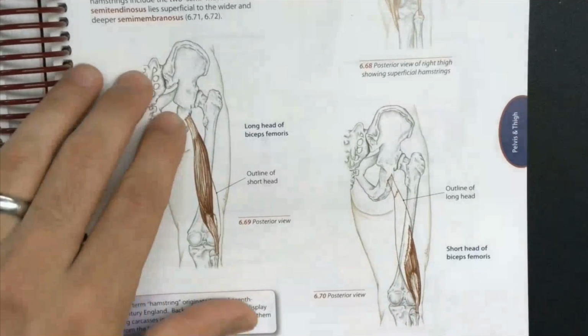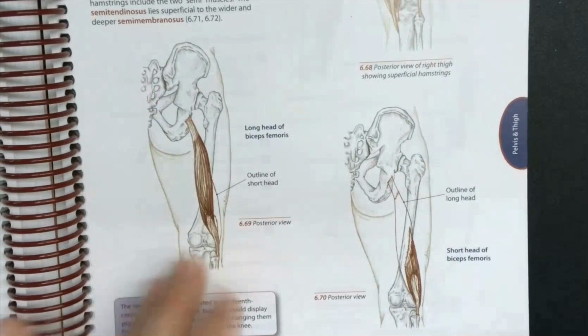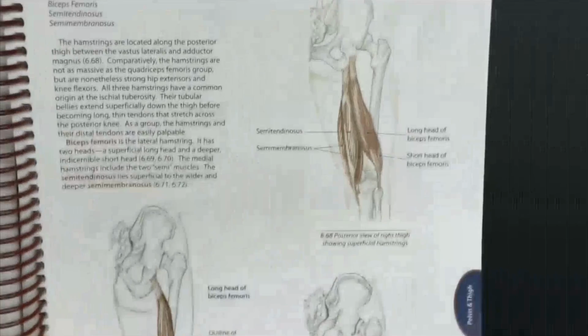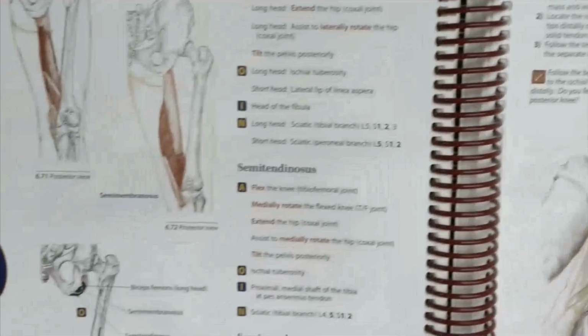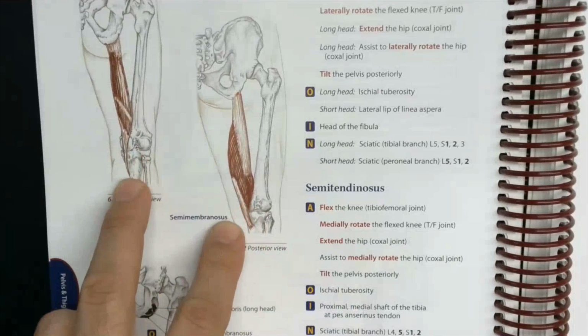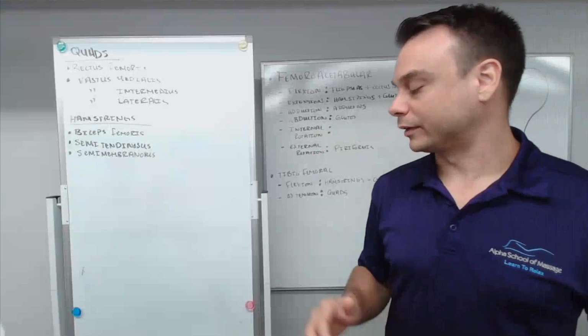So the biceps femoris attaches to the lateral side of the knee. We're just going to say lateral side of the knee to make things simple and easy. And then as we can see here, our semitendinosus and semimembranosus muscles attach to the medial side of the knee. And this is how I like to remember things.